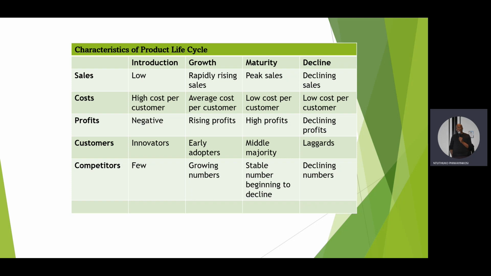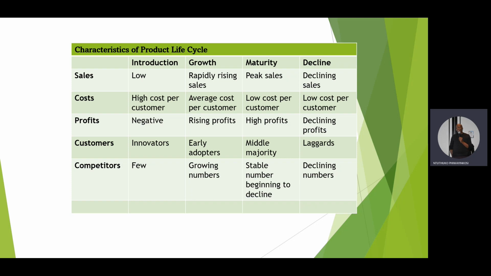Do you understand? So now you are spending more on one customer, because you can say buy one, get 2 free. So the costs are high per customer under introduction.